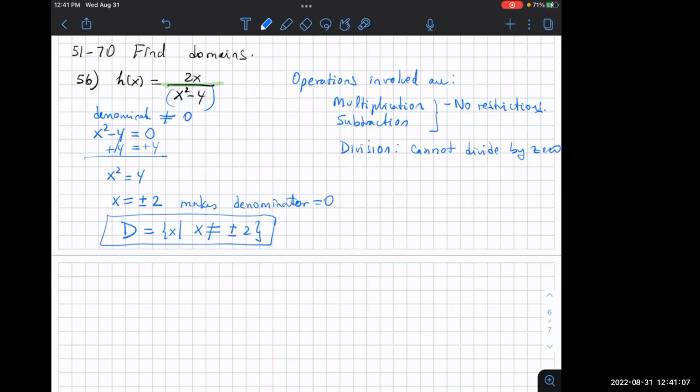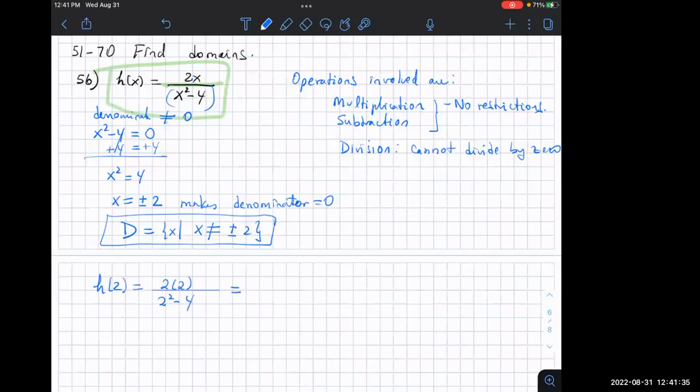Yes, can you repeat that? Yeah, please. Okay, let me twist it around. Find f of 2. So I go back to my function and plug in 2 for x. I get 2 times 2 over 2 squared minus 4.